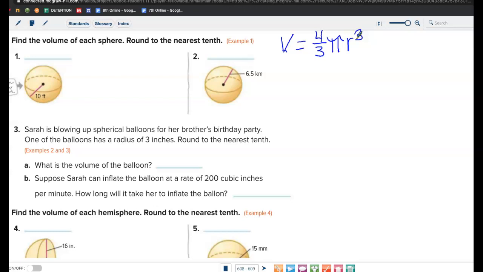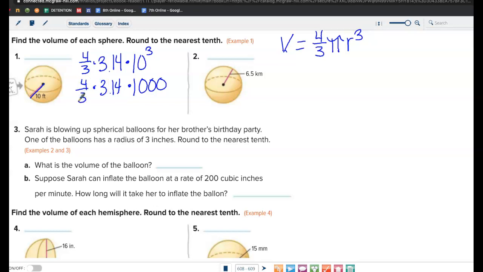So on number 1, I'm going to do 4/3 times 3.14 times my radius, which they give me as 10, and that's going to be cubed. I do my exponents first, so 10 cubed is 1,000, times 3.14 times 4/3.